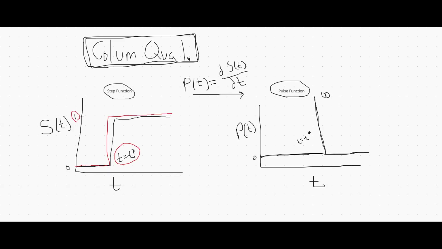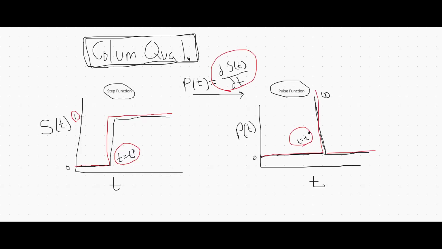The pulse function, P of t, is just the derivative of S of t. And we'll see that makes sense here in a second. So the pulse function, you're going to be at 0 until time is equal to t star. And then your signal, P of t, will go up to infinity and then back down and continue at 0.